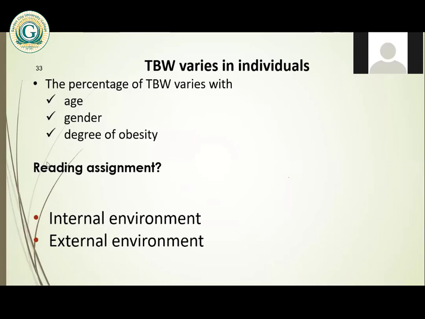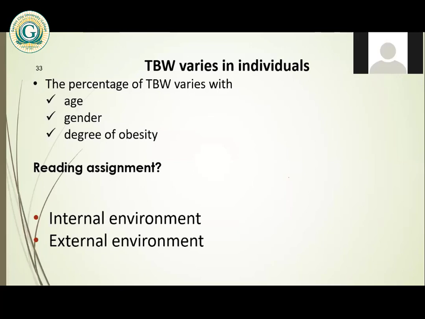Why do you think age is a factor in influencing differences in total body water? Why do we say a child of, let's say, 8 years would have total body water more or less than you, an adult of, let's say, 30 years?